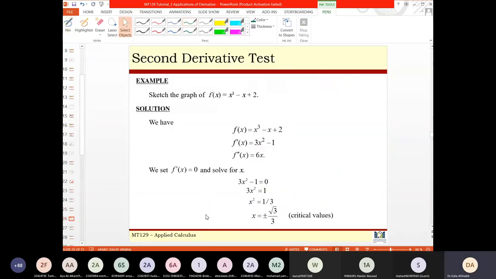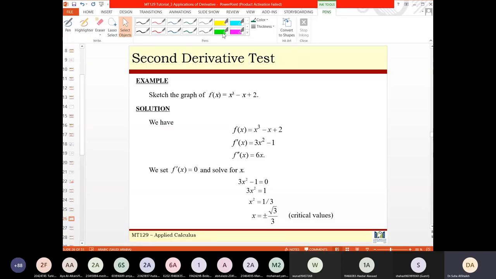So let's check an example right away. Sketch the graph of this function. If I want to sketch the graph of the function, I need to know about the increasing, decreasing of the function. I need to know about the concavity of the function, and I need to know if there is any inflection point of the function. I need all of this to draw the function clearly.